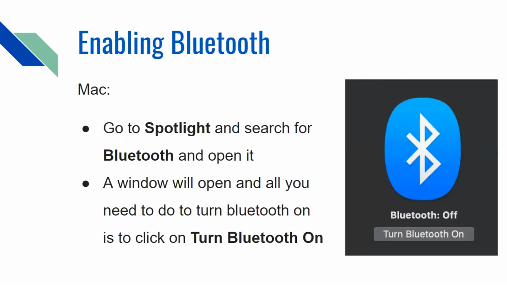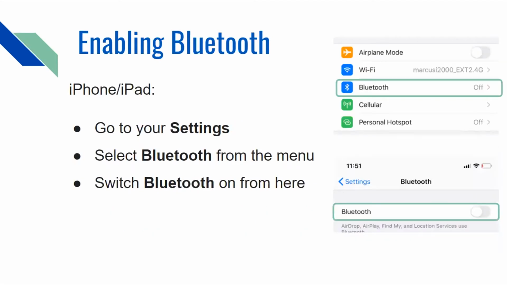Enabling Bluetooth on Mac. Go to Spotlight and search for Bluetooth and open it. A window will open and all you need to do to turn Bluetooth on is to click on Turn Bluetooth On. iPhone/iPad. Go to your settings, select Bluetooth from the menu, and switch Bluetooth on from here.